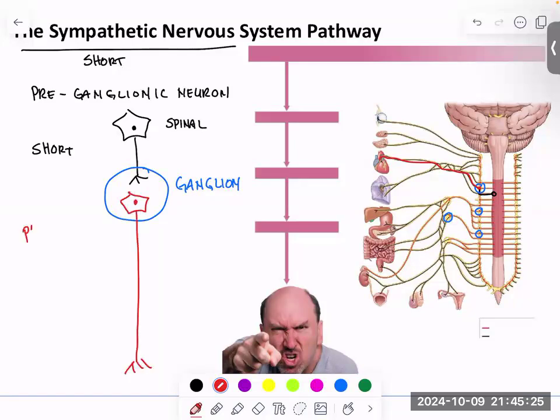That is the postganglionic neuron. Guess what? This one is long. That is what sympathetic means. Short preganglionic neuron, long postganglionic neuron. This is unfortunately why it sounds very similar to parasympathetic or sympathetic. Sympathetic is describing how this is arranged, how it's set up. Let's do parasympathetic.